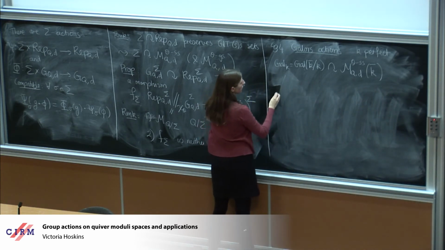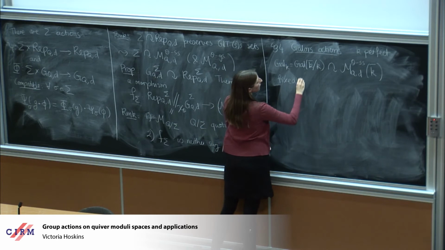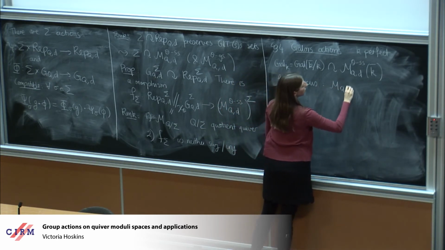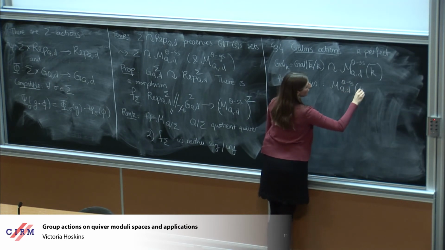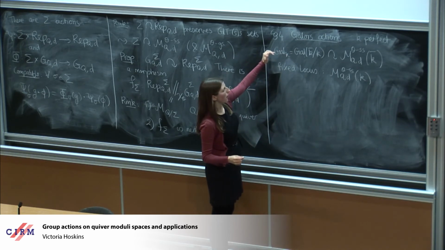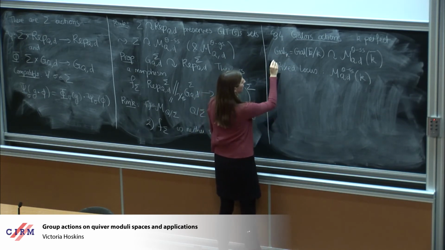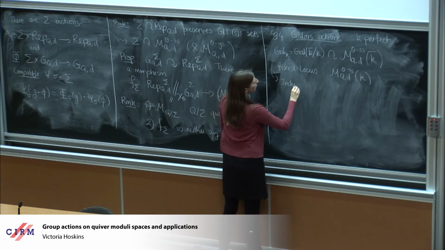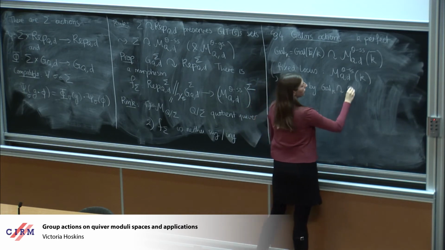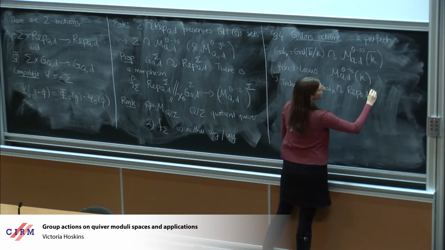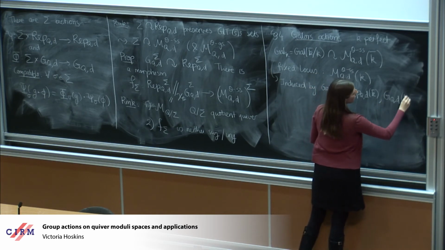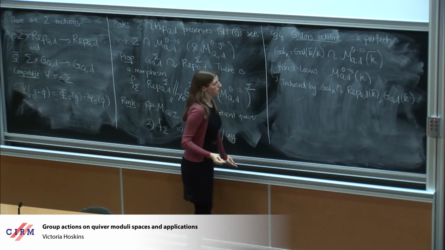So then the fixed locus is the set of rational points. Okay. And we can see, again, this Galois action as being induced by actions on Rep QD and GQD, well, the K-bar points of these spaces.